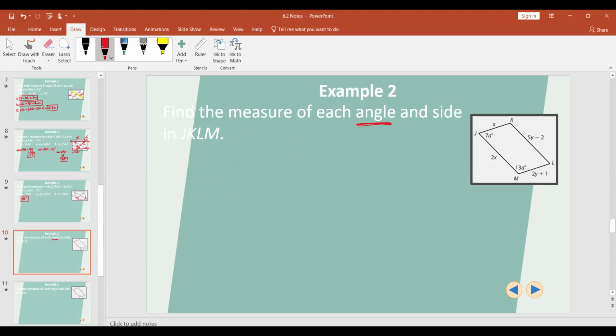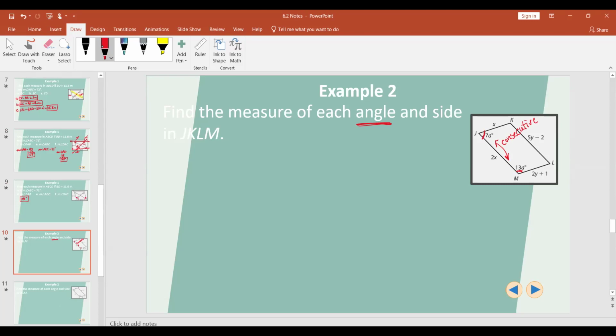Okay, so they gave us angle J is 7A degrees and angle M is 13A degrees. So these two are consecutive. Consecutive angles are supplementary. So we can go ahead and write our equation for either one.